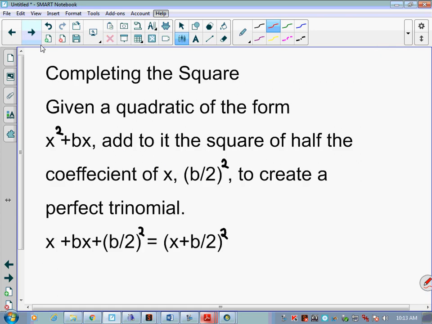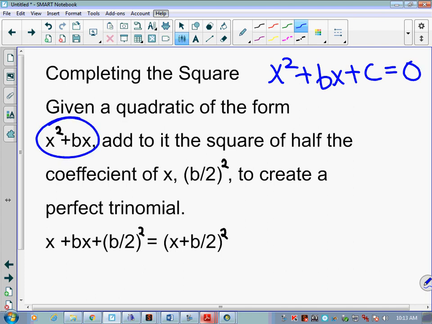All right. And then we have completing the square, the actual process. Completing the square given a quadratic of the form x squared plus bx. Stopping there. Now, normally what we're used to seeing is x squared plus bx plus c equals 0. Okay? But they're saying that given x squared plus bx, we're going to add to it the square of half the coefficient of x, which is 1/2.